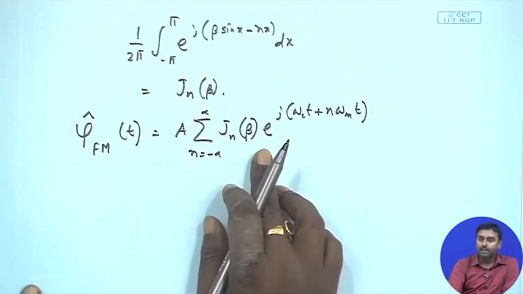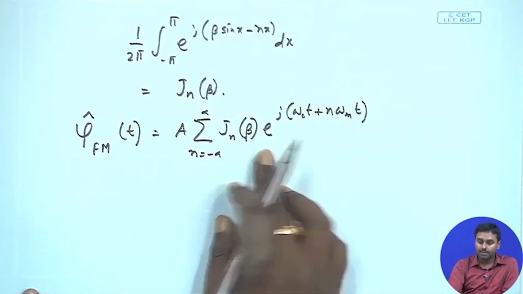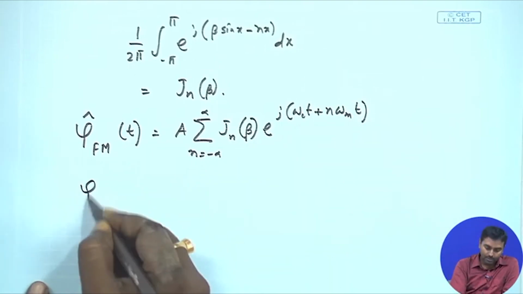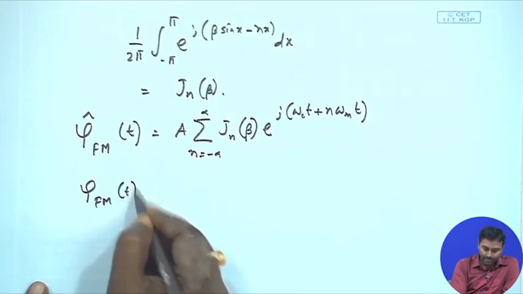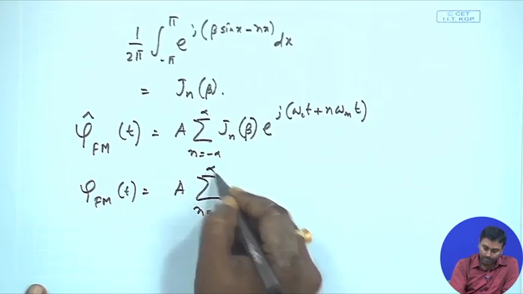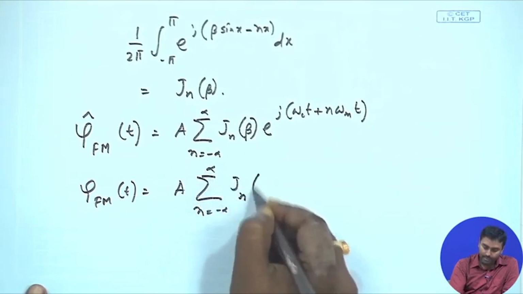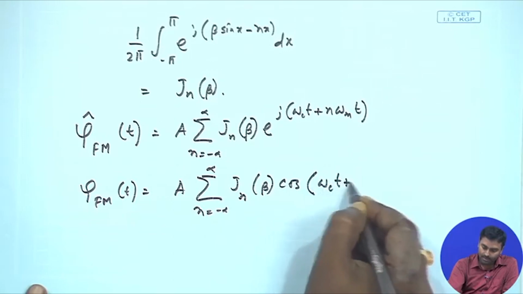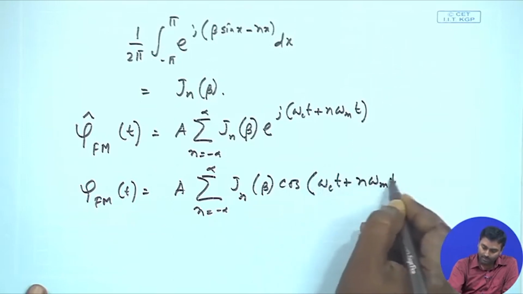So, this is what we see. Immediately I should take the real part of it, so I will get just the cosine component of all of these. So, φ_FM(t) I can write as a summation n equals minus infinity to plus infinity J_n(β) cosine of (ω_c t + n ω_m t).